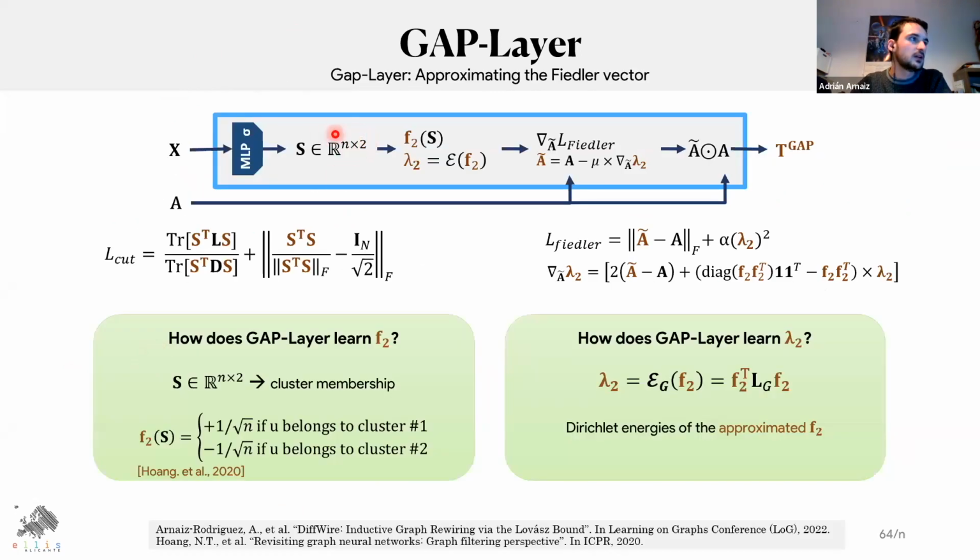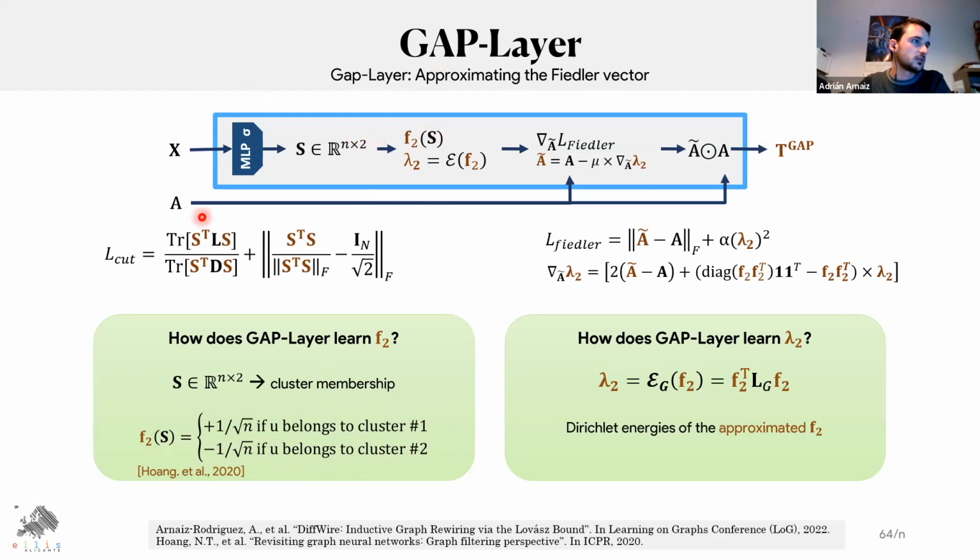But here, if you use a sigmoid, you don't know what these values are going to be. In Hong et al., they say the approximation is that the filter value gets this value when the node belongs to one cluster, and this value when it belongs to the other.